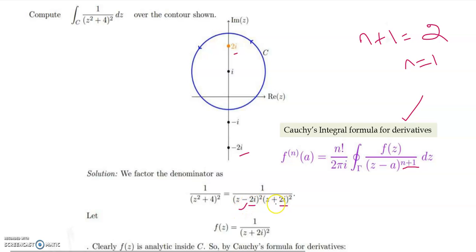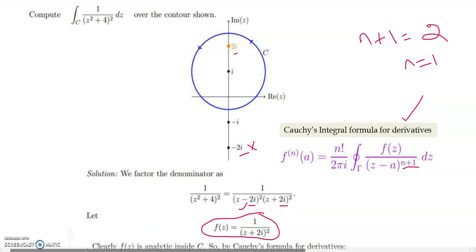But the other is not inside, so your function f of z is 1 over (z plus 2i) whole squared. Understand? Because this point is inside, you write this in the denominator. Minus 2i is not inside, therefore you take this as a function.